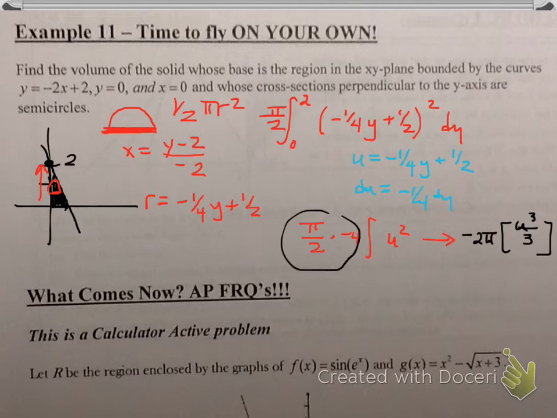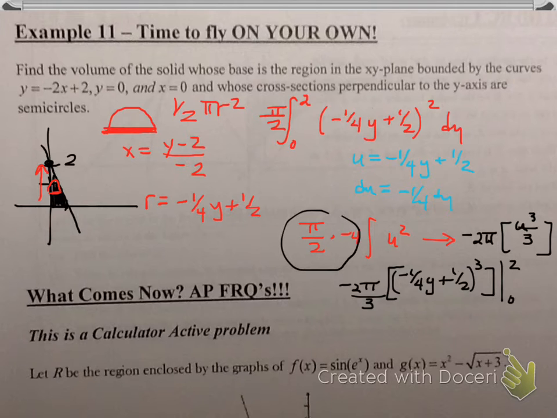And we want to probably go back in there unless you're doing the switch of bounds like we've talked about. So just to keep it simple here, negative 2 pi times negative 1/4 y plus 1/2, all that's cubed. And then why don't we also take the 3 out. So it's really negative 2 pi over 3. And then let's evaluate that from 0 to 2.